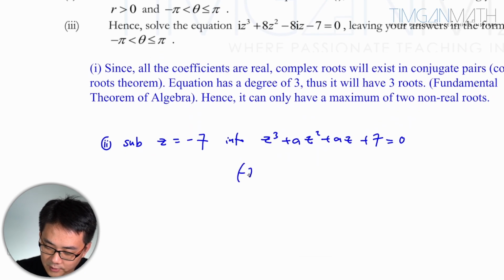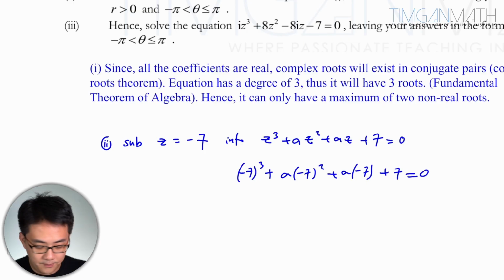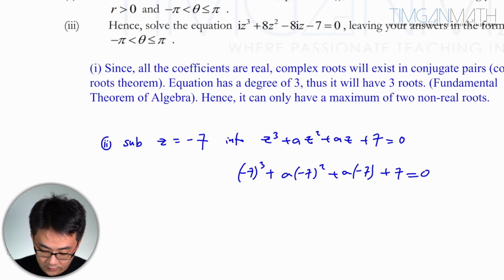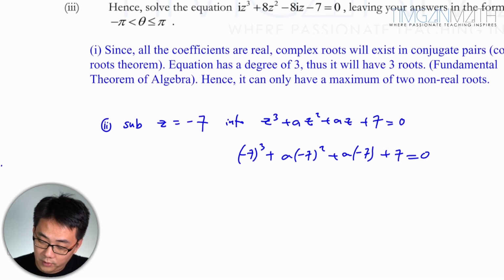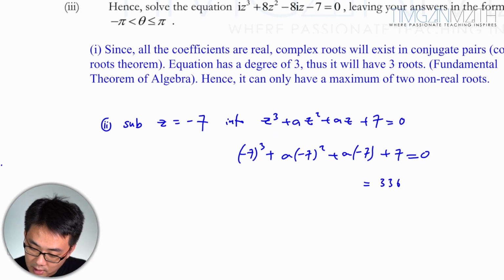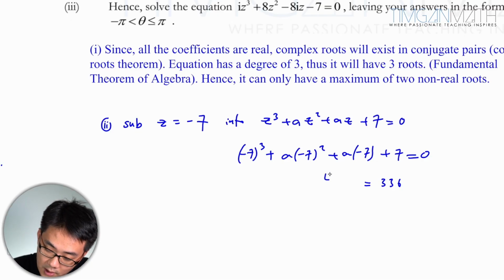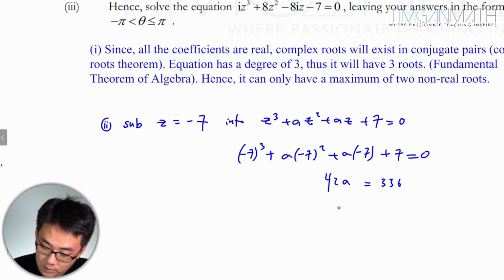So this is negative 7 cubed plus a times negative 7 squared plus a times negative 7 plus 7 equals 0. Solve what is a. So this will be negative 7 to the power of 3 plus 7, that will be 336. And this is 49 minus 7, that will be 42a. 336 divided by 42, that will be 8.